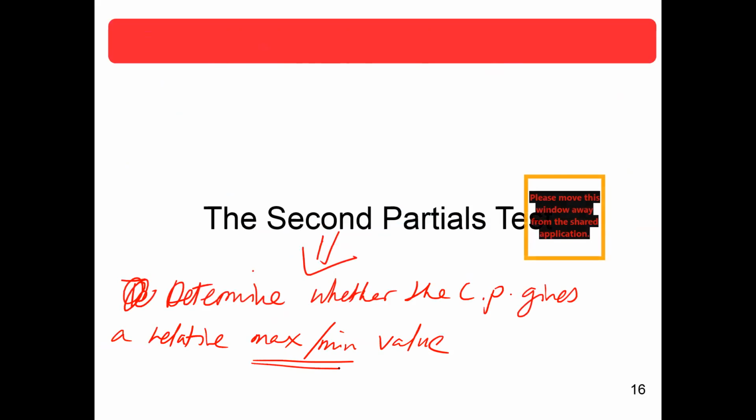So by using this test, you can figure out immediately whether that function value is max or min. Okay. We actually had in calculus 1, if you guys recall, a second derivative test.